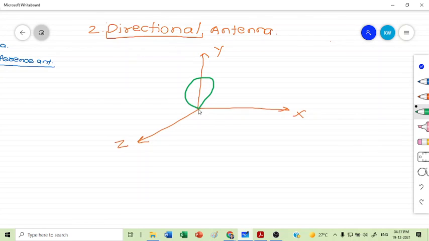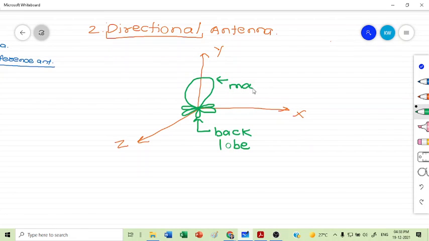This is the major lobe, and these are the minor lobes, and at the exact opposite direction of the major lobe there is a lobe which is called the back lobe, because it is on the back side of your major lobe.